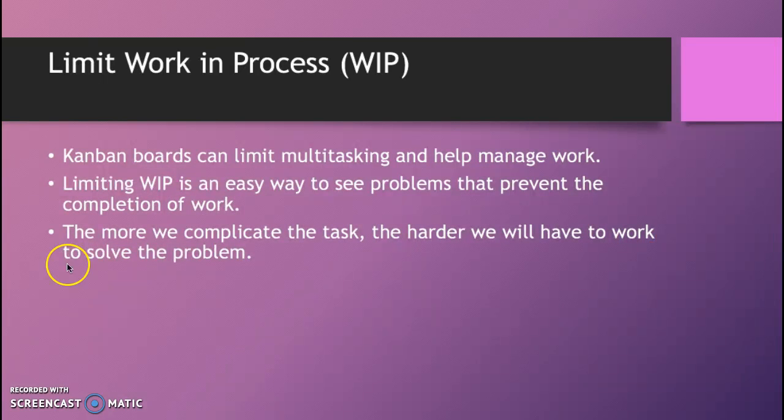In the next slide, we're going to talk a little bit about limiting work in progress, the WIP. Kanban boards can limit multitasking and help manage work. Limiting the WIP makes it easy to see problems and prevent the completion of work. The more we complicate the task, the harder it will be to solve the problem.